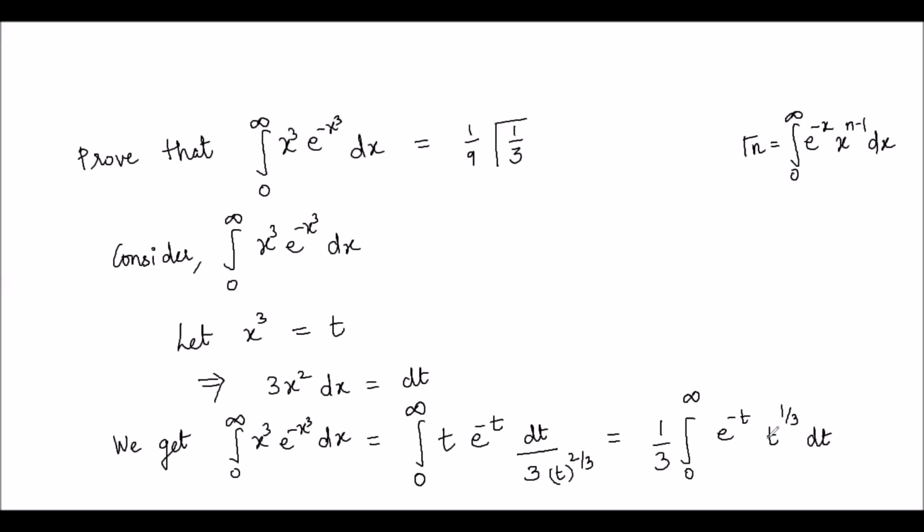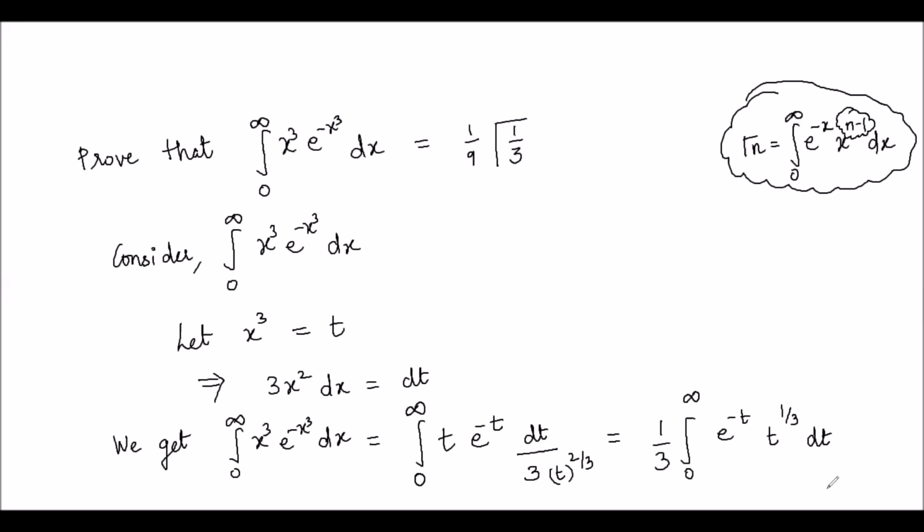Now, again, compare it with the definition of gamma function. This is the definition of gamma function. Now, we have the limit same, 0 to infinity. We have e raised to power minus t, and here we have t raised to power 1 by 3. But if you see what is here, we have n minus 1. So let us find out what n is here.